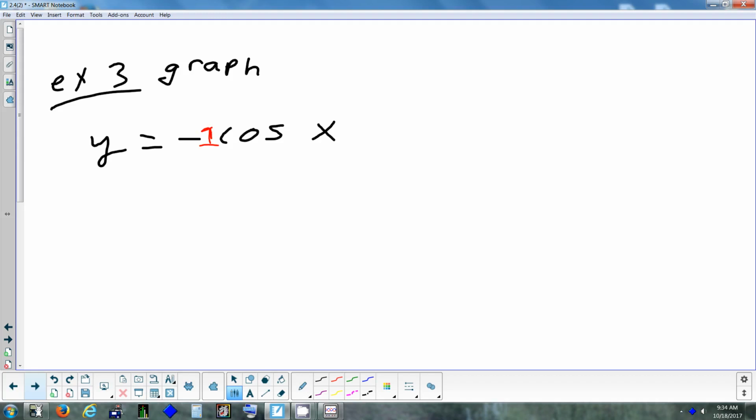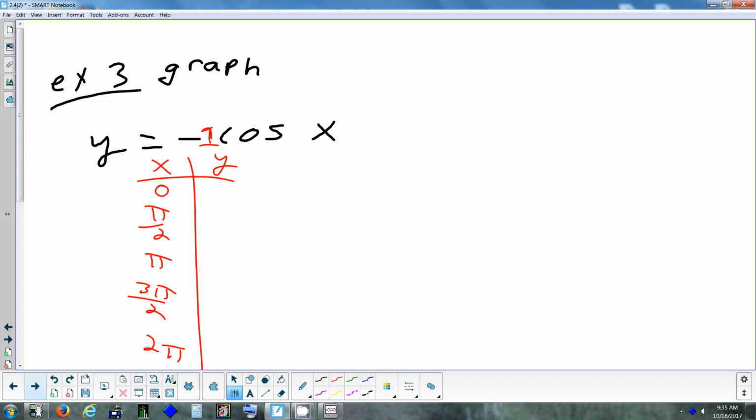So the height isn't going to change, but what did we say the negative is going to do? It's going to flip it. So everything that was positive for the y's is going to become negative and vice versa. So copy down your x's. Okay, and my original y's would have been 1, 0, negative 1, 0, 1.